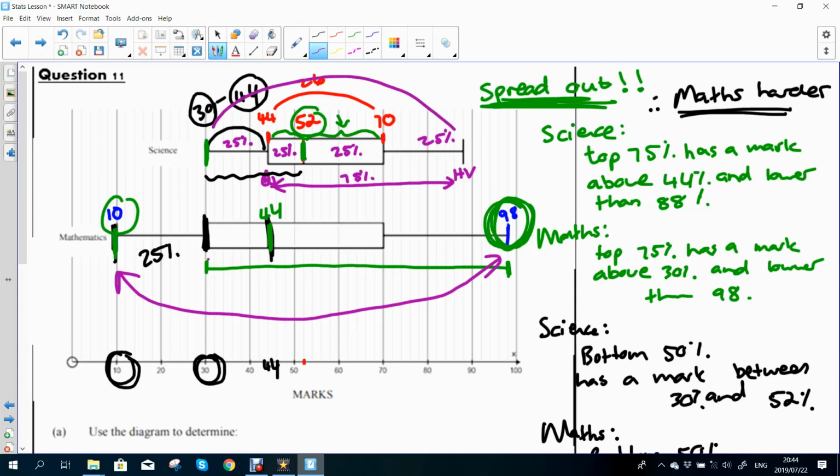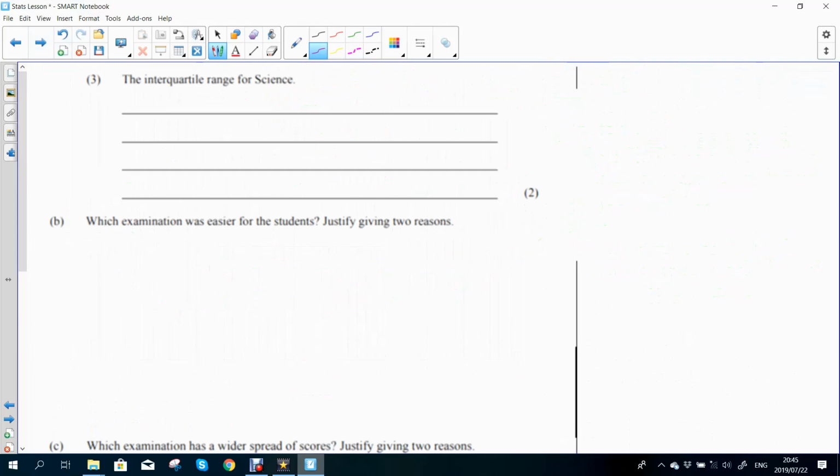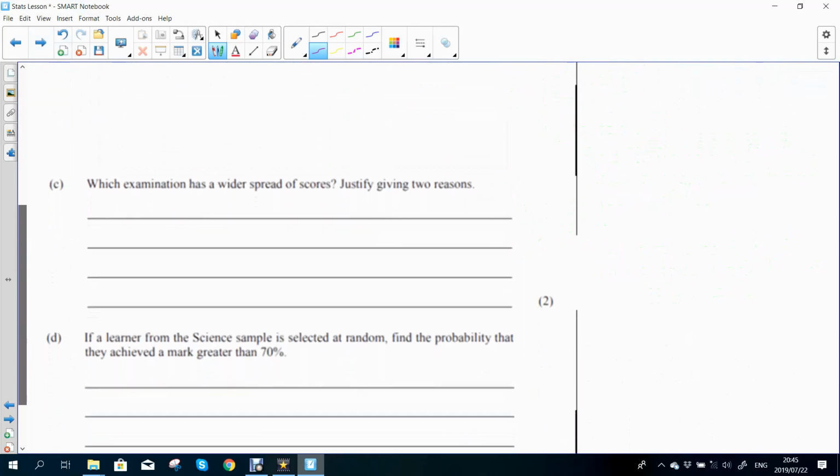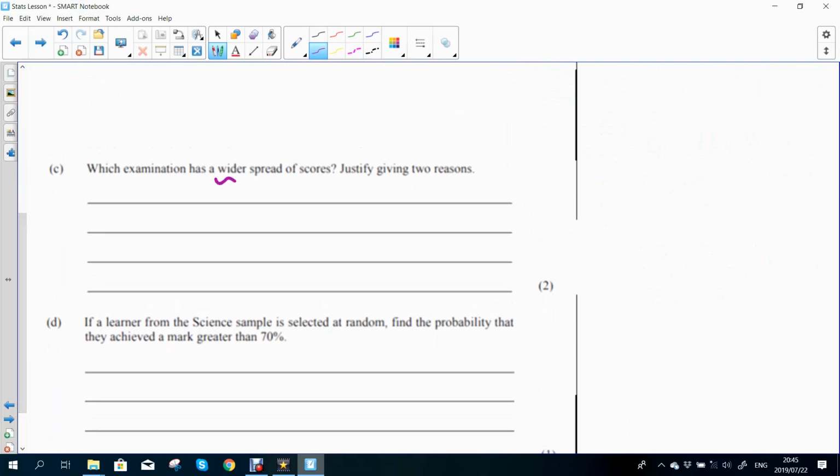The second thing you can mention is the interquartile range. Compare that interquartile range to the interquartile range of science. So you can talk about the range and the interquartile range that is bigger for maths than for science. So there's a lot more variation in marks for mathematics. It's wider spread out.